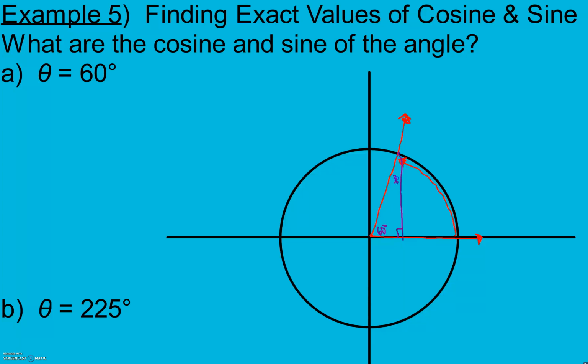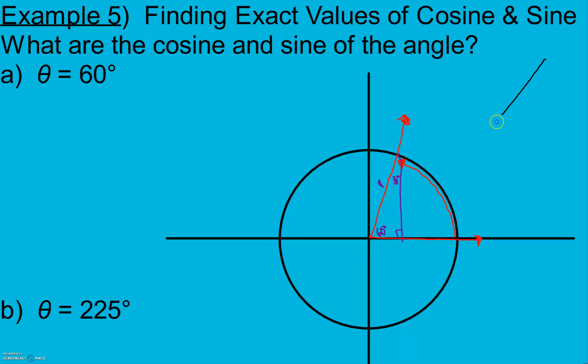This is 30. I have a 30, 60, 90 triangle. My hypotenuse is 1. And in a 30, 60, 90 degrees triangle, it's half of an equilateral triangle. So our shorter leg is always half of our hypotenuse. And our longer leg is always square root of 3 times our shorter leg. Every single time.